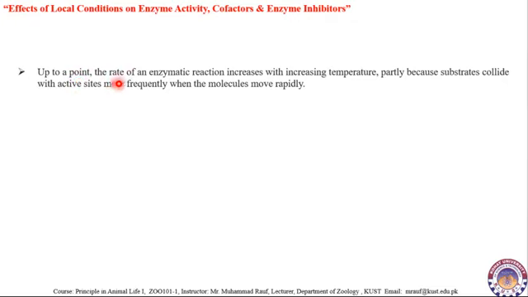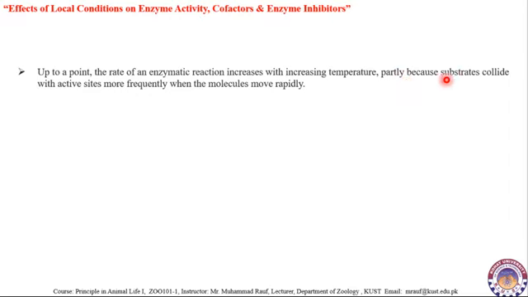Up to a point, the rate of an enzymatic reaction increases with increase in temperature. Once the temperature starts increasing, initially it has a positive effect on the ability of an enzyme to catalyze reactions. And what is the reason why temperature has a positive effect initially?